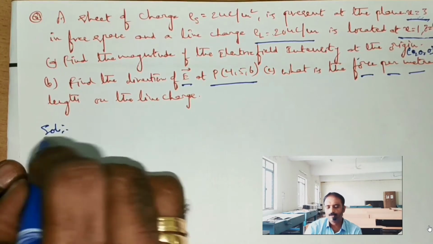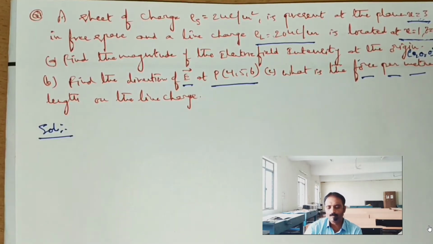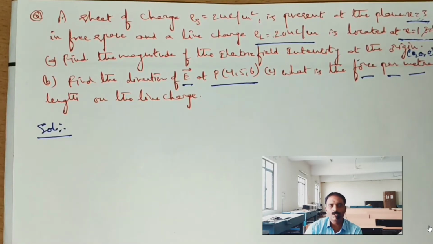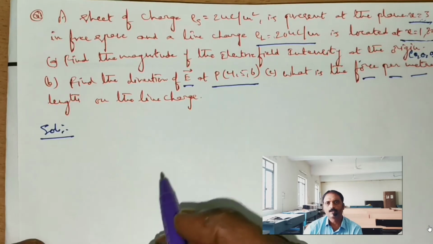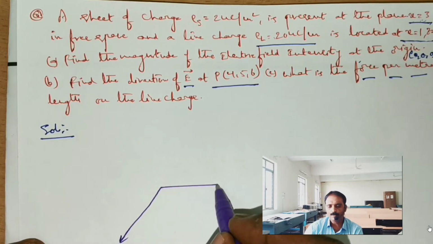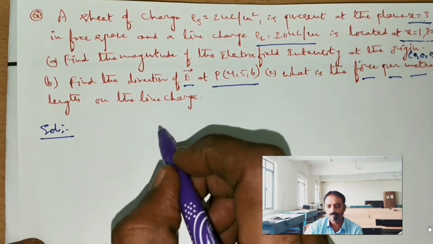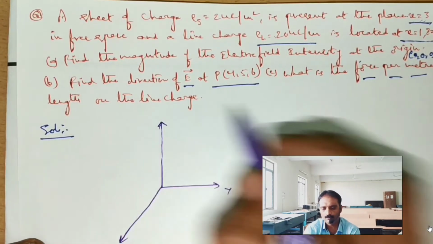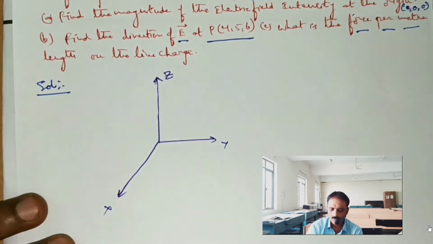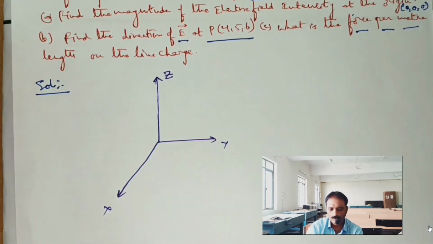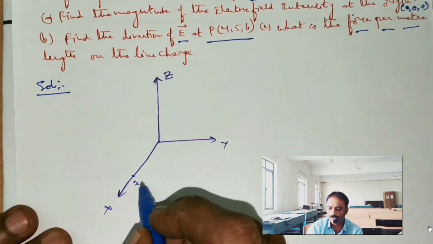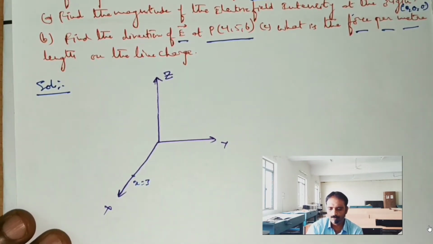First of all, let me draw the three axes x, y and z, and let us locate the line charge and the sheet of charge. This point corresponds to x equal to 3, the sheet of charge.